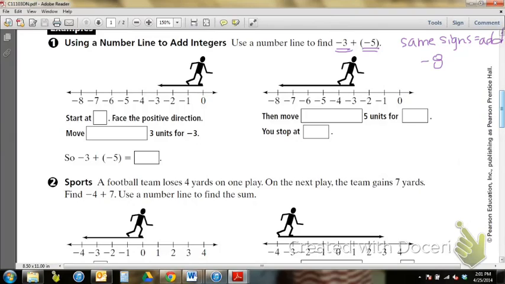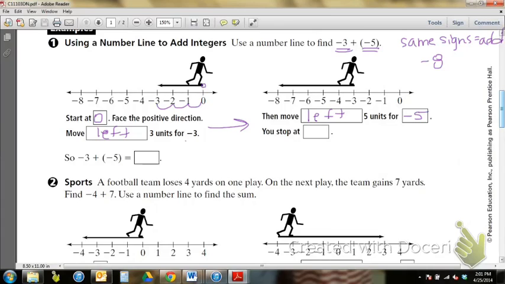Now let's see how we can get this on a number line. You start at 0, facing the positive direction, so that's what the little guy's doing here. I'm going to move left 3 units for negative 3, so 1, 2, 3. Then I move left 5 units for negative 5.